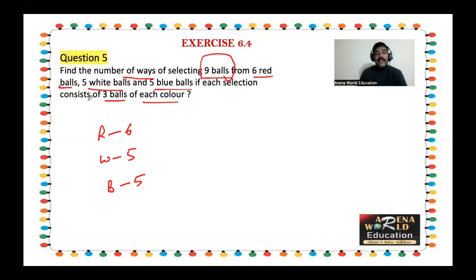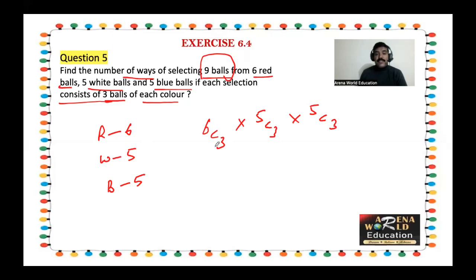But the condition is that each selection consists of 3 balls of each color. This is again very simple, just like the previous question. From every set of balls, for red we have 6, so it will be 6C3 into 5C3 into again 5C3.